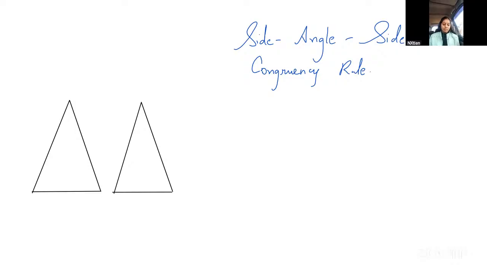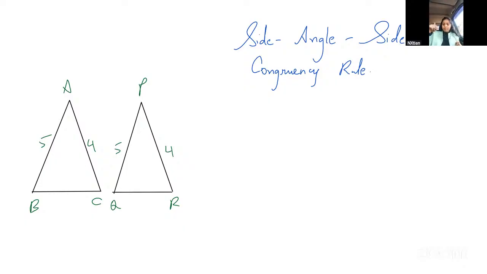What does this mean? For example, let's name these triangles A, B, C, and P, Q, R. The rule says that AB is 5, PQ should also be 5, AC is 4, PR should be 4. What is the angle coming between PQ and PR?